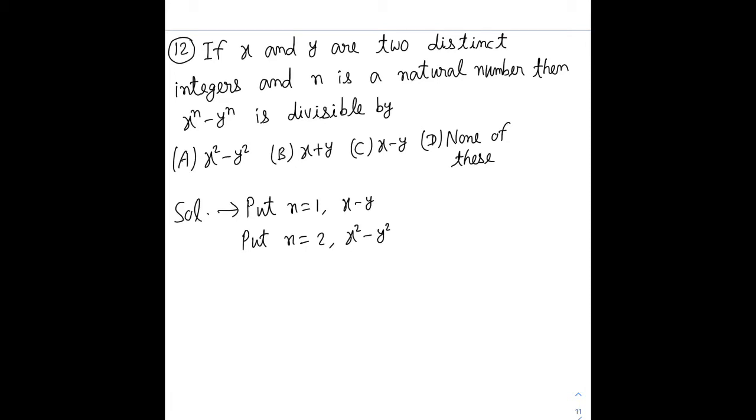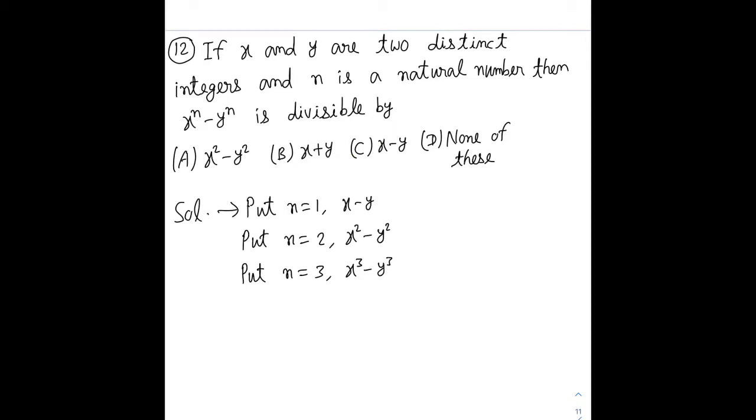That is also divisible by x minus y, because we can factorize it as x plus y into x minus y. Next, if we put n equal to 3, then we get x cube minus y cube, which is also divisible by x minus y. Now in all three cases, it is divisible by x minus y. But if you consider the first case, it is not divisible by x plus y or x square minus y square. So x minus y is true.